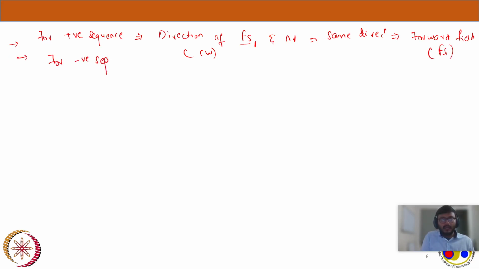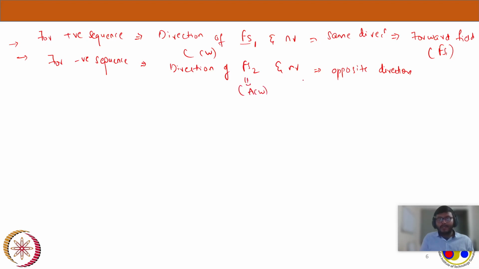Similarly, for the negative sequence, see the direction of Fs2 and Nr is in the opposite direction. So my Fs2 is anti-clockwise, but my Nr is in the clockwise direction.